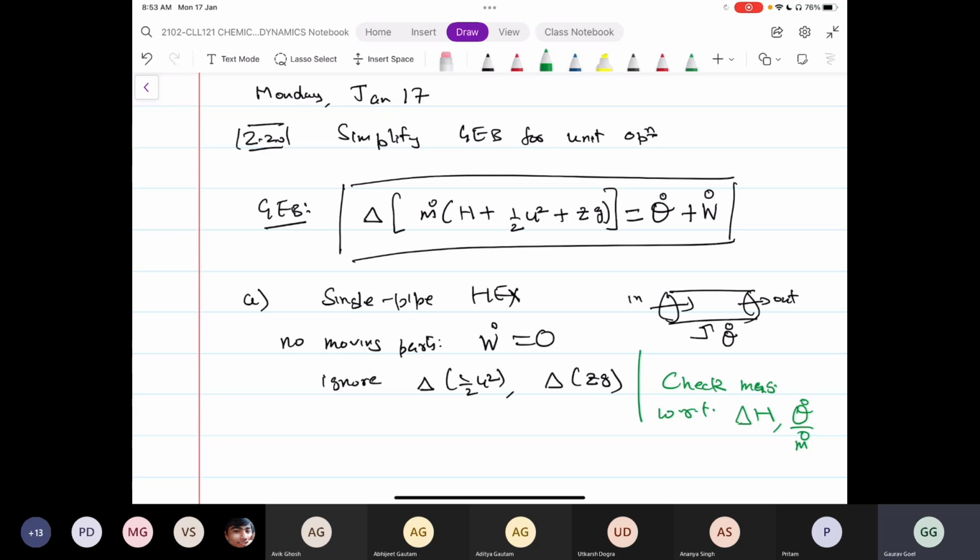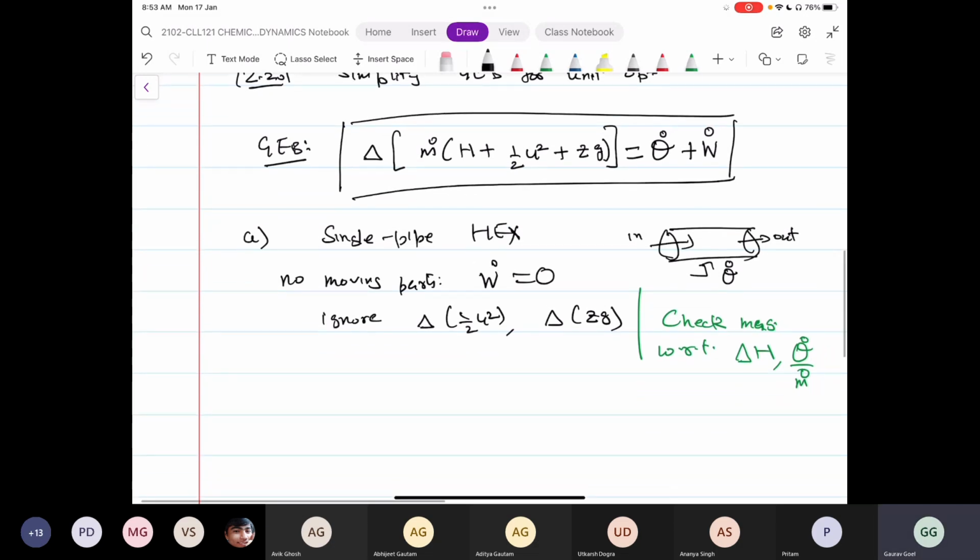In this case, the other relevant quantity is the enthalpy change per unit mass. If the kinetic energy change and potential energy change per unit mass are much smaller than these other two quantities, delta H and Q naught by M naught, then you can say that it's okay to ignore them. Most of the times that would indeed be the case. We'll also see cases when that is not the case.